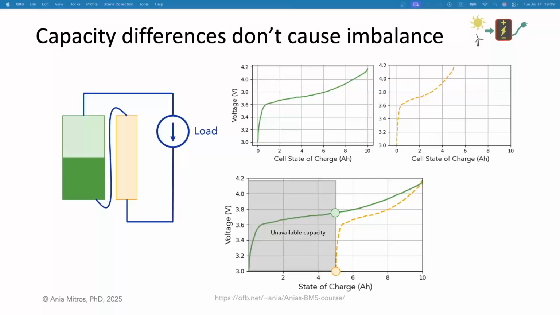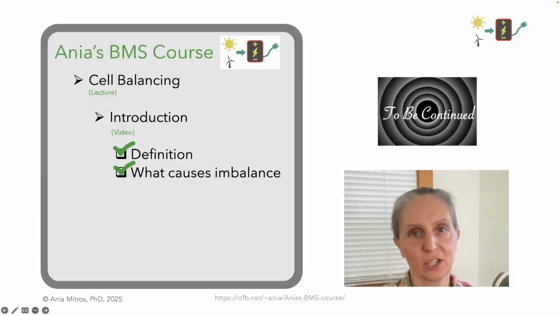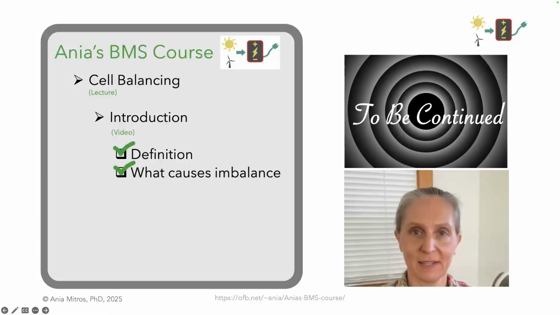When the pack is fully discharged, it seems like we have an imbalance. But when we charge the battery pack, the cell voltages meet up again at the top. This is a top balanced pack. Differences in cell capacity cause the cell voltages to differ over some of the operating range, even though the battery pack is balanced. This is the end of the introduction video in the cell balancing lecture.